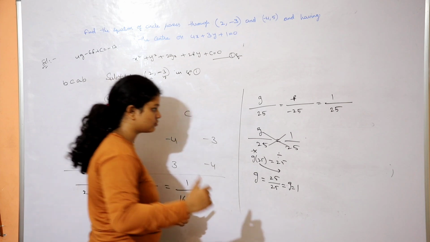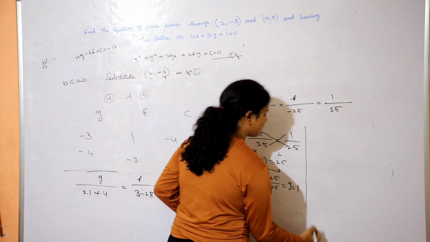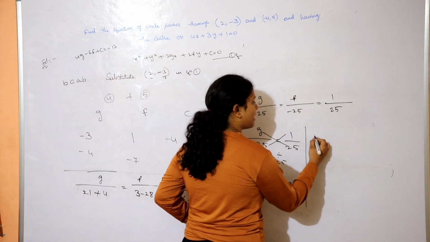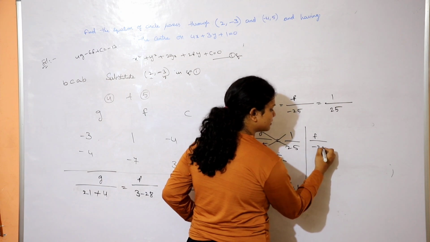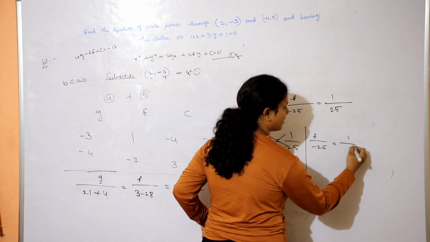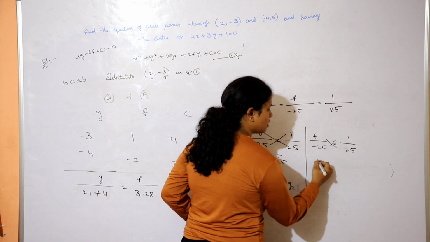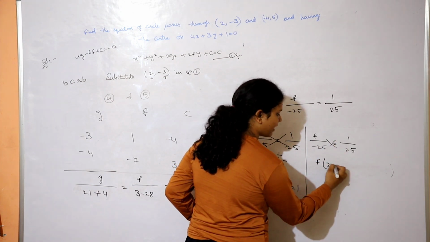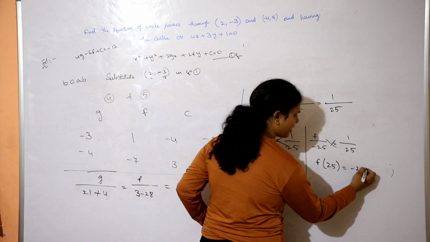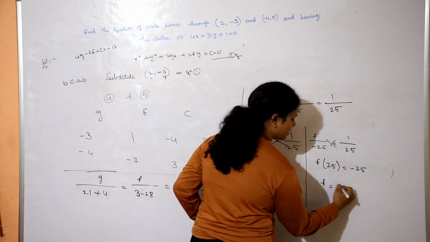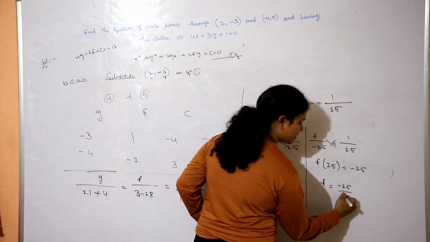I got a g value which is 1. And now let's go for the f value. Try to find out the f value. F by minus 25 equals 1 by 25. Cross multiplication same as before. So f into 25 equals minus 25. F equals minus 25 by 25.